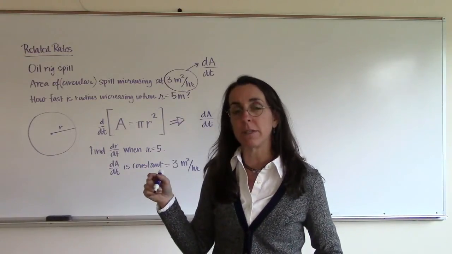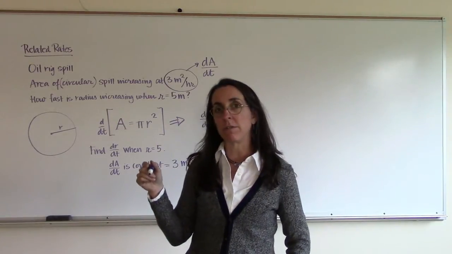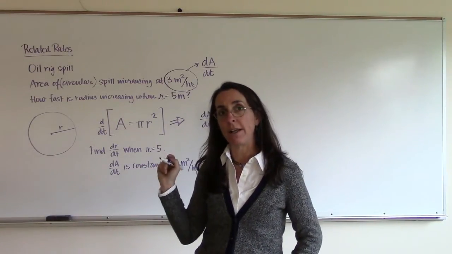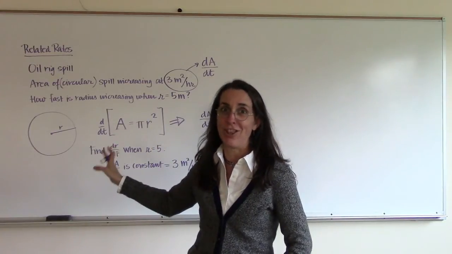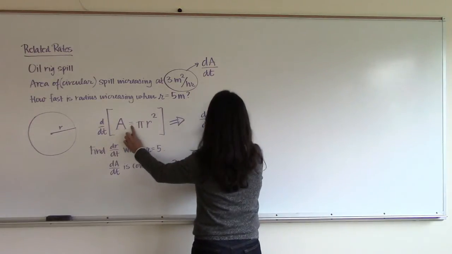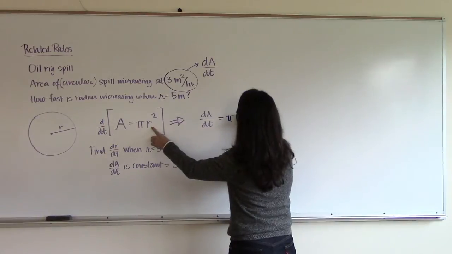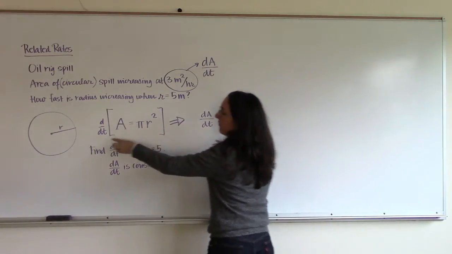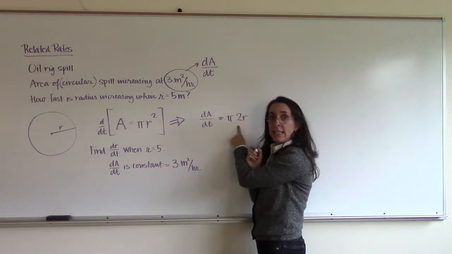Do you remember implicit differentiation? If you forget how it works, you might want to review that video before you go on, because we're really using a lot of it here. So dA dt is equal to pi times the derivative of r squared, which is 2r, but I'm differentiating with respect to t, so I multiply this by dr dt.